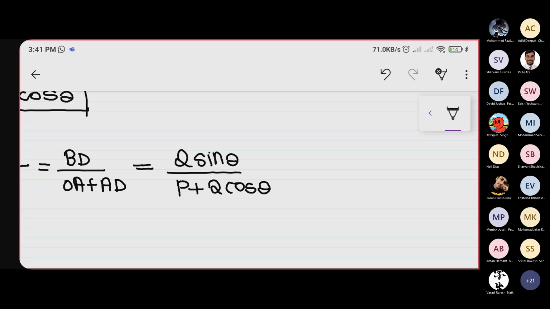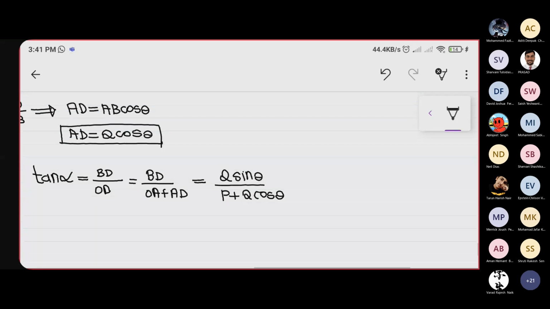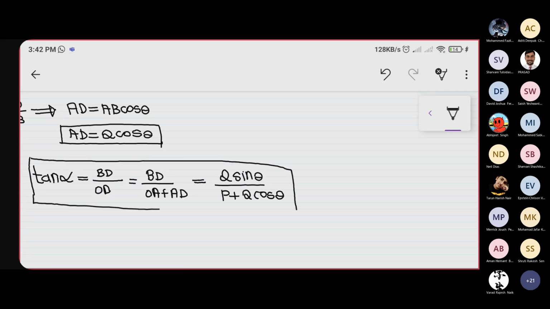Okay. So tan alpha is equal to Q sine theta divided by P plus Q cos theta. Okay. So this is the angle between the resultant and any one force.